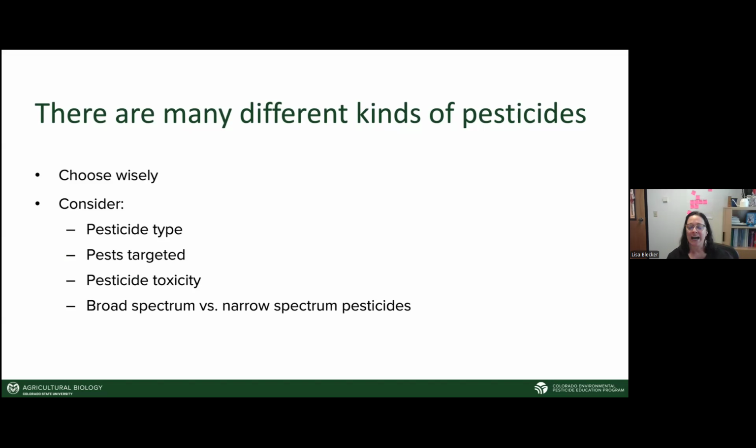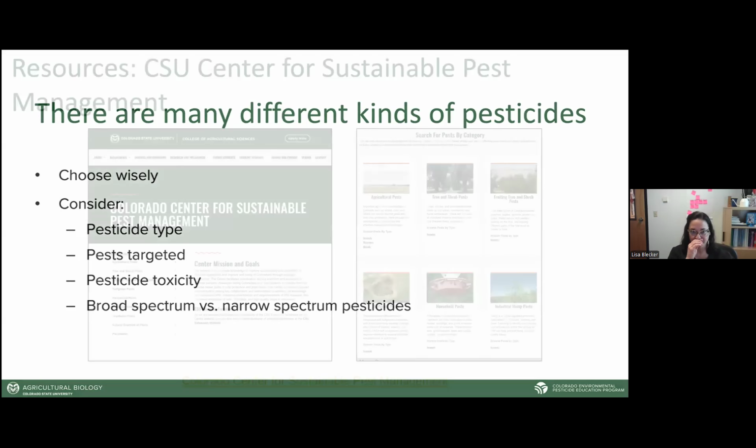And in fact, that's where a lot of the exposure actually comes from. And then thinking about broad spectrum versus narrow spectrum pesticides, so selective versus non-selective. And I'll get into a little bit more detail about all of these.